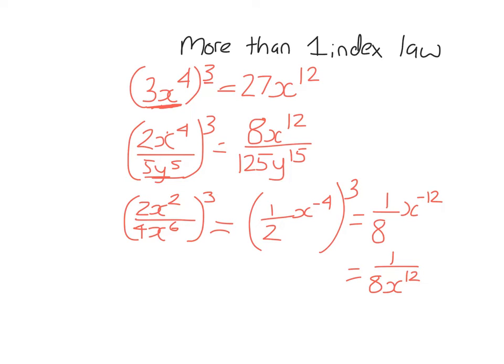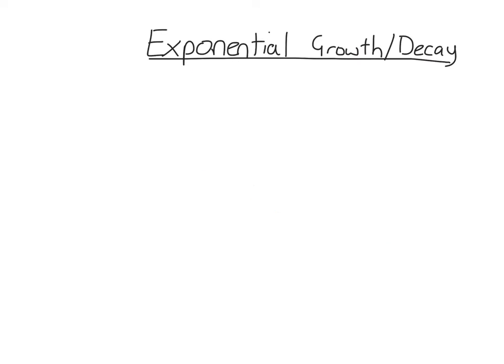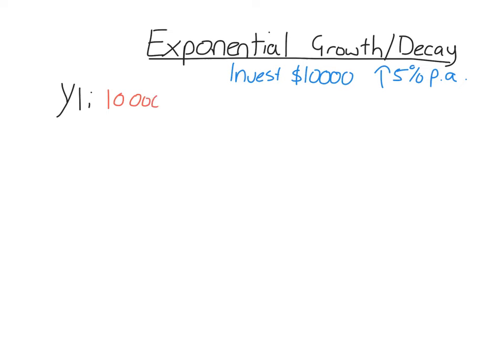There, I'm done. So now I'm going to go through exponential growth and decay. So let's first have a look at what is going on here. We'll look at exponential growth. So let's say I invest $10,000 and it's going to increase by 5% per year or per annum, like I'm getting 5% interest. So after the first year, I'll put Y1 for year 1. So hopefully you know that to increase 10,000 by 5%, I just go 10,000 times 1 plus 5 over 100.